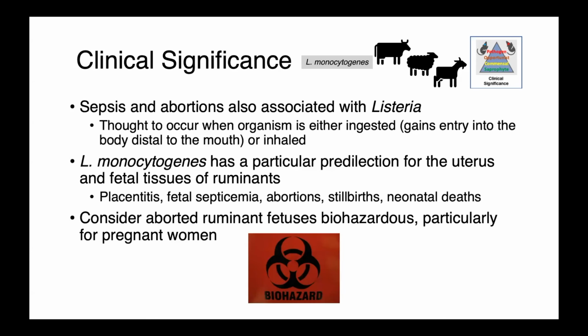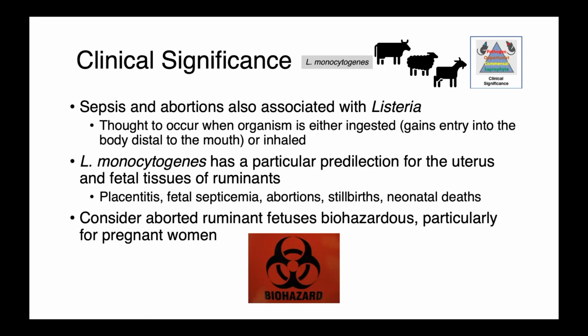Sepsis and abortions are also associated with Listeria in our ruminants, and this is thought to occur when the organism is either ingested, so it gains entry to the body sort of distal to the mouth. Remember, the gastrointestinal tract is kind of the outside of the body. So if it gets in past the mouth, or if it's inhaled, then we see these systemic infections.